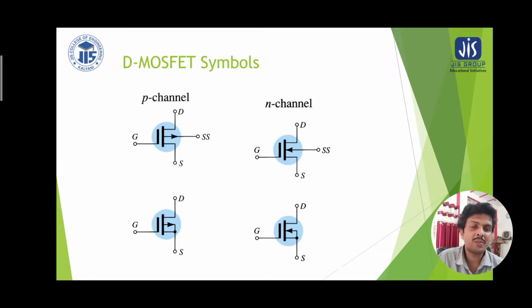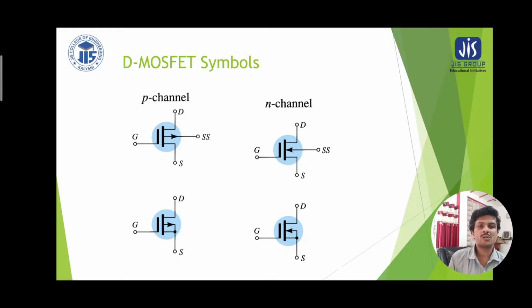So here are the symbols of the depletion type MOSFET. First are the depletion type MOSFET symbols, and initially the P channel depletion type MOSFET has been shown, in which the substrate terminal is going outside, and if we consider the bottom one, the substrate has been short circuited, which is commonly used.